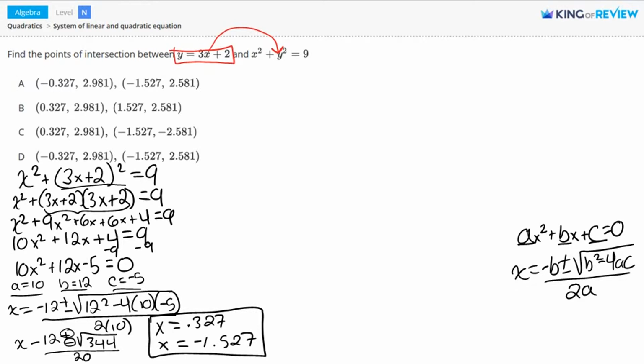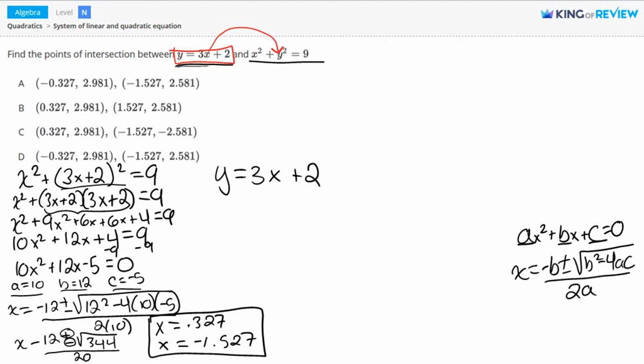These represent the x coordinates of our points of intersection. The next step is to find the y coordinates of the points of intersection. To do this, we can plug these x values into either one of these two equations and solve for y. I'm going to choose the first equation, y equals 3x plus 2.